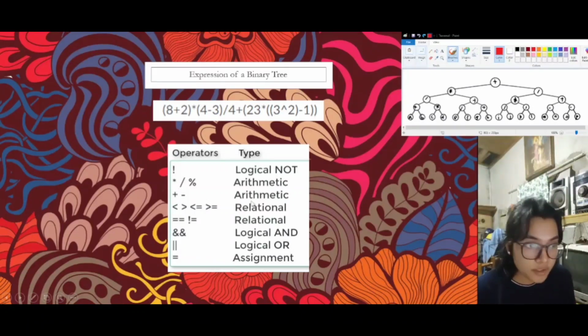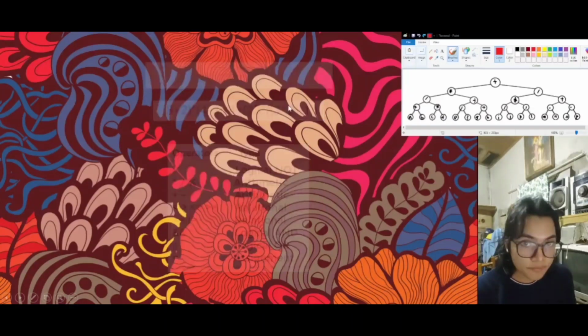Then arithmetic, which is multiplication, division, and modulo. Then it is going to have plus, minus, and the relational operators up to the assignment operator. And we're going to order them from left to right.